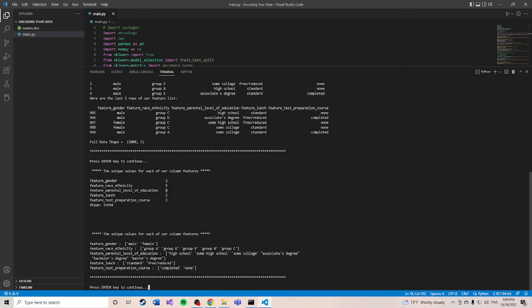There were 6 levels of education that the parents could have had. Apparently only 2 levels of lunch, so we were looking at standard and free and reduced. So those 2 are the 2 features for lunch / financial background. And then again, the preparation course, if they took it or if they did not.